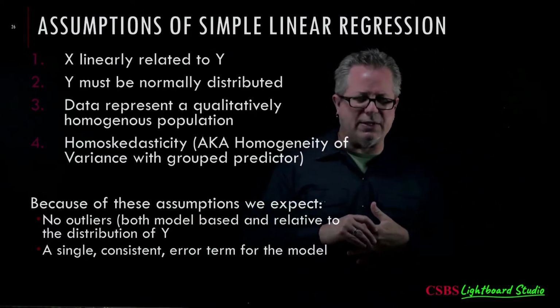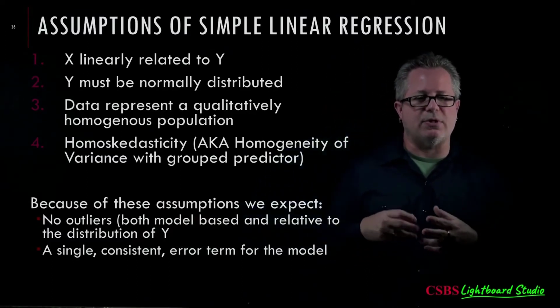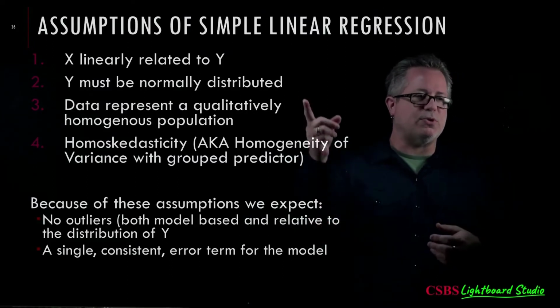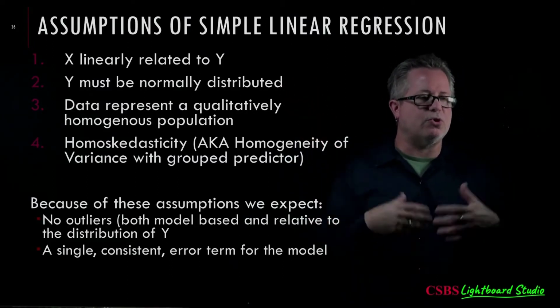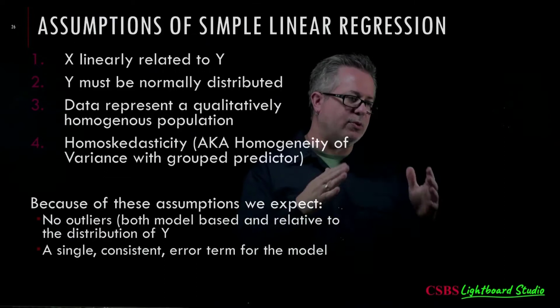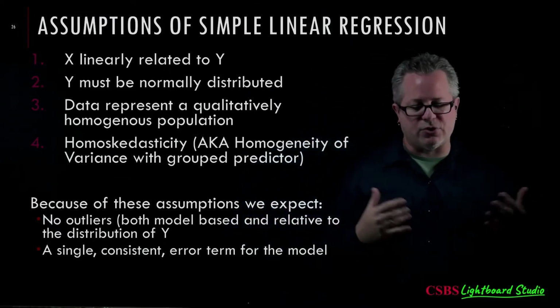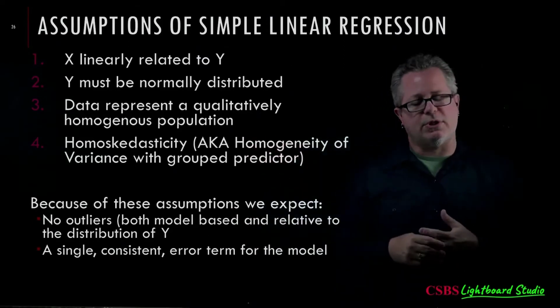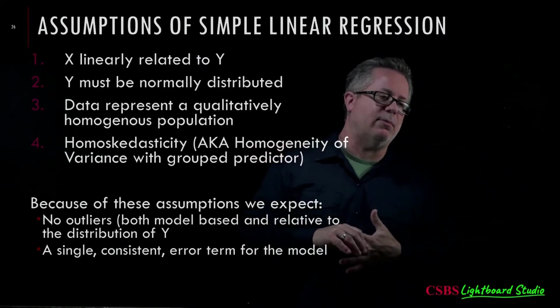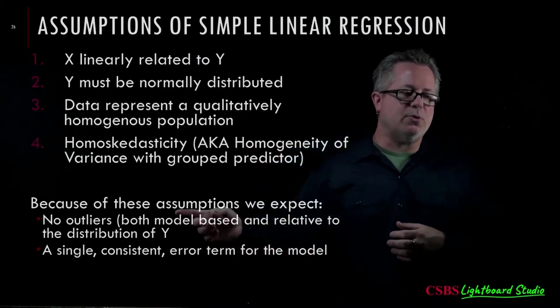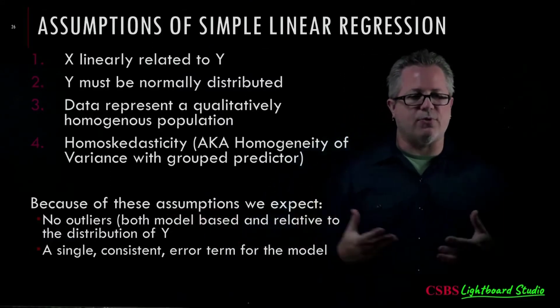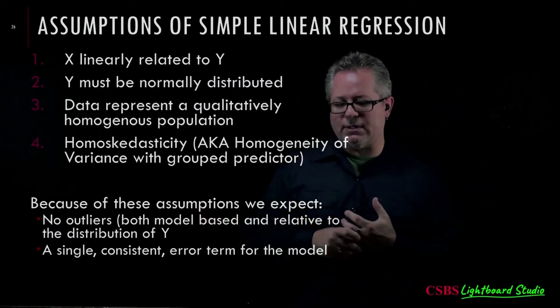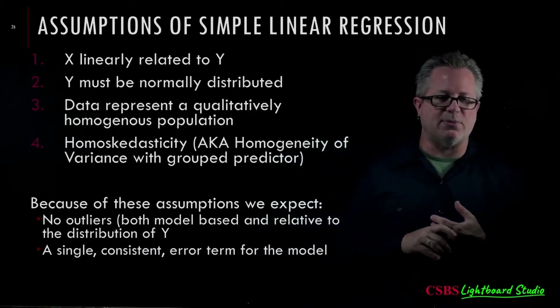It's an assumption, but really we expect it, because we're assuming that Y is normally distributed. If you have a normal distribution, it shouldn't have outliers or be skewed. But also, because we're expecting a qualitatively homogeneous population, we expect no outliers, because we expect everyone to fit in; anyone that doesn't work with that model doesn't really belong there.